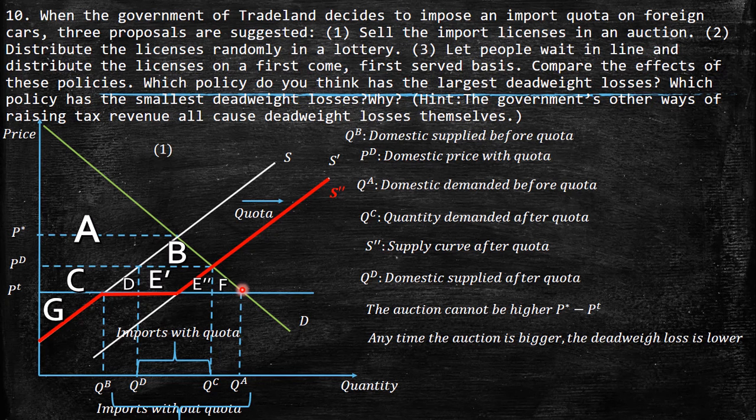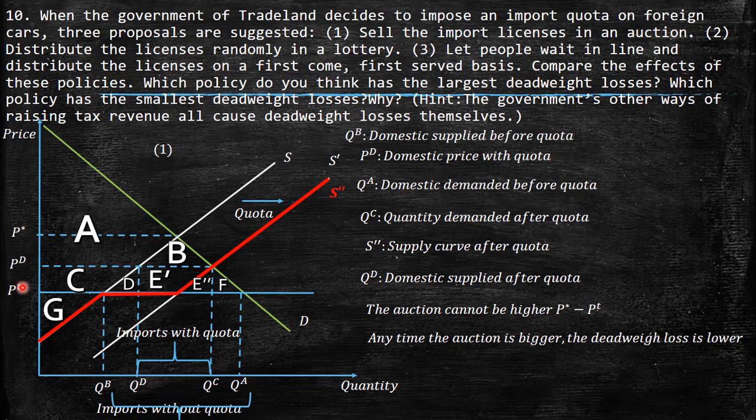The first policy would be the lower one, since the auction price plus PT is closer to PD. Okay, so actually, I'm thinking about it, not P star, maybe PD would be better.